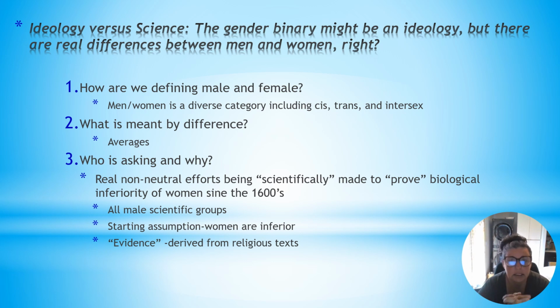And we see the scientific history going back to the 1600s, where they started with that notion, the ideology that women are inferior. And so starting from that biased standpoint, all male scientific groups essentially propose scientific evidence, much of it derived from religious texts, that supported the common ideology of the time.